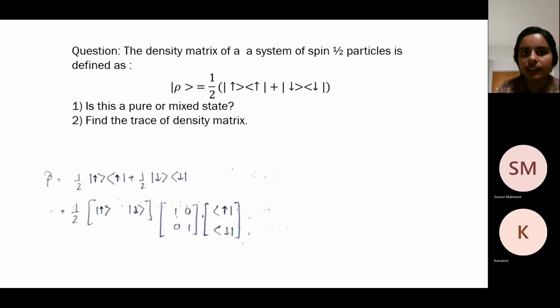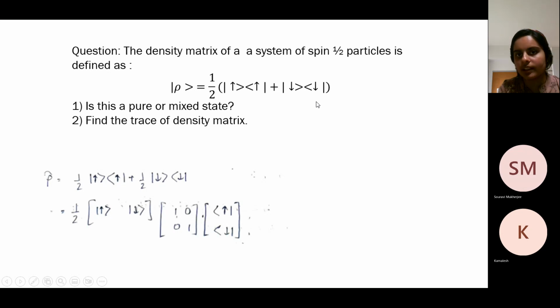Suppose you had a system where the only possible microstate is the up state, what will be your density matrix? Only this term, right? Only this term. And then it's a pure state. So there, the coefficient in front will be 1, because you are in this state with 100% probability.